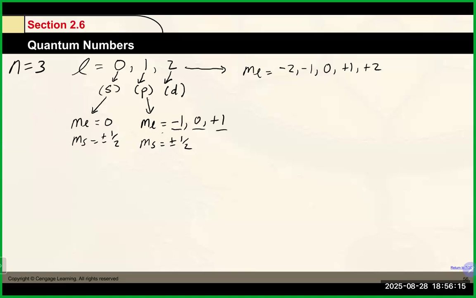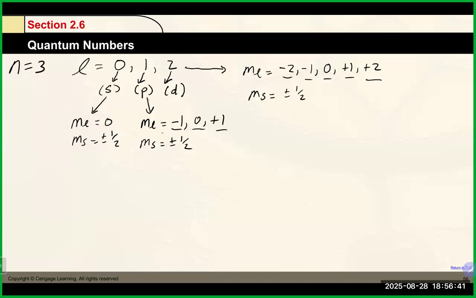By the way, d orbitals, there's how many of them? 5. 1, 2, 3, 4, and 5. So again, each of those M sub L values represent one of the 5 d orbitals. And each of them can have a spin quantum number plus or minus a half. Again, an electron going upwards or downwards in there.